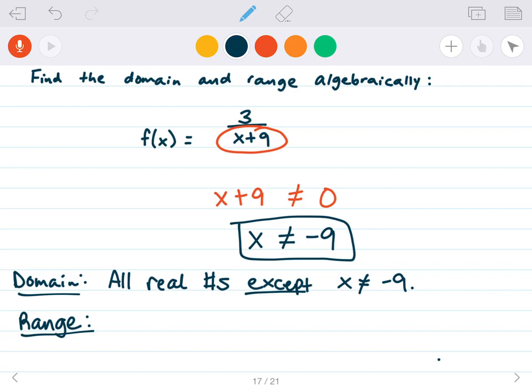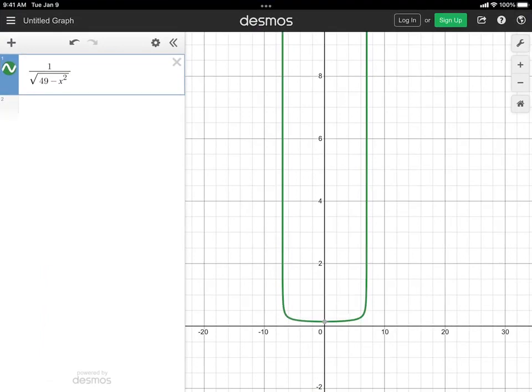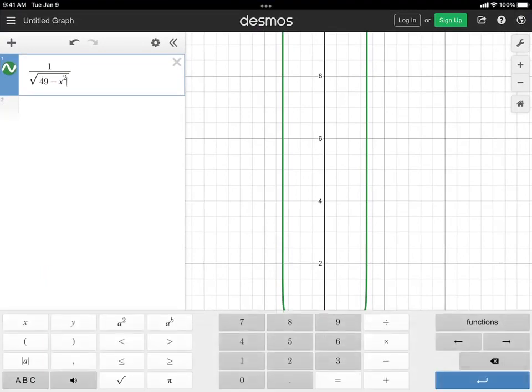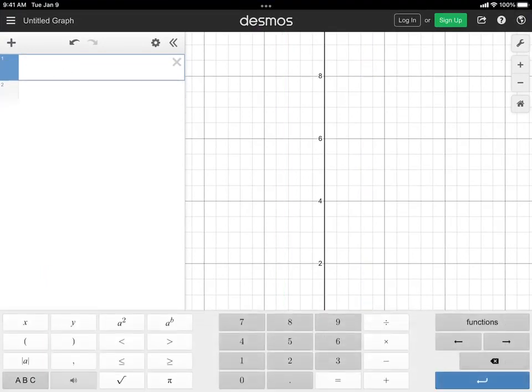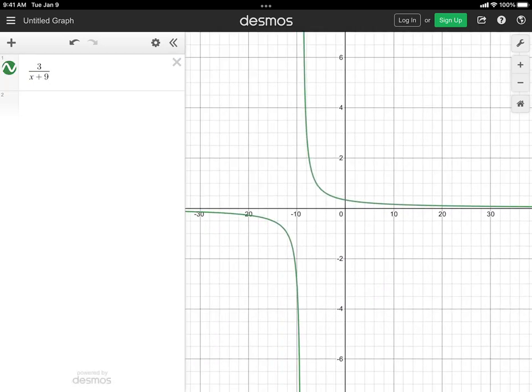So let's just use a graph. We're going to plug in 3 over x plus 9 to find the range.